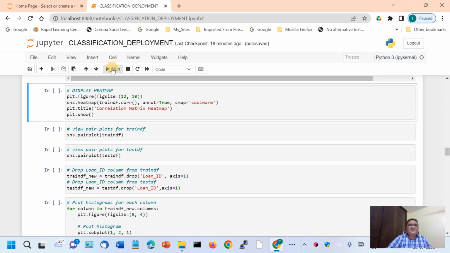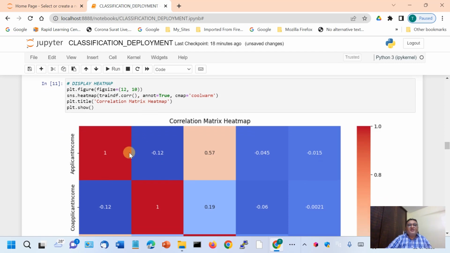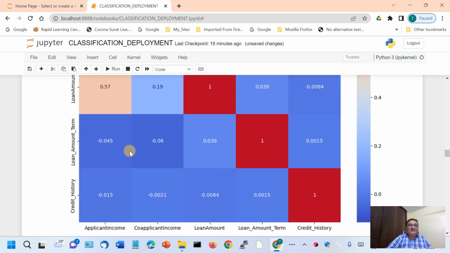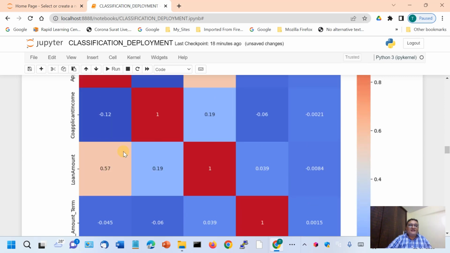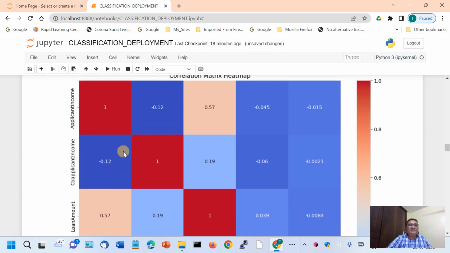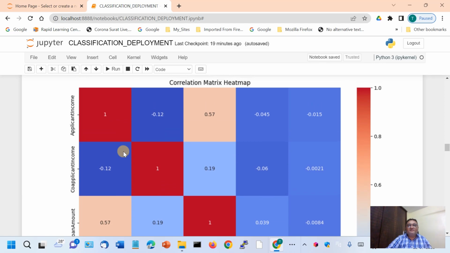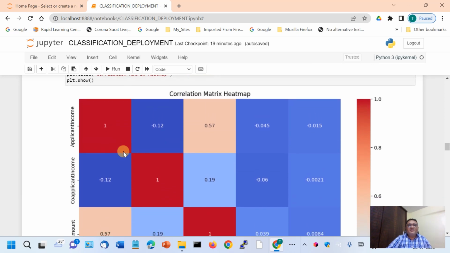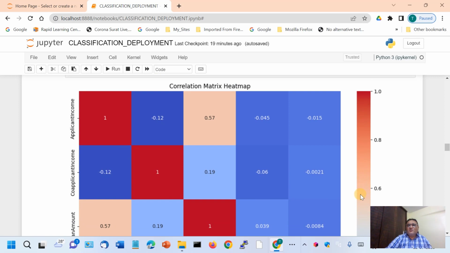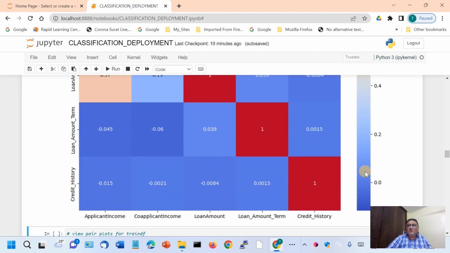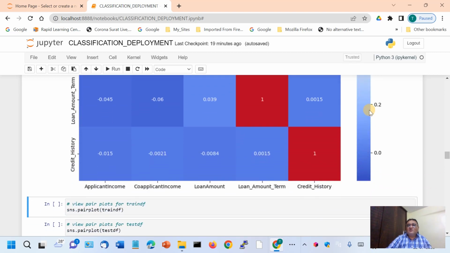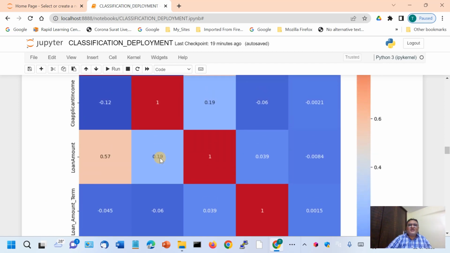then display heat map. Heat map will show the correlation between the various variables, and then we can decide how many of the features we want to keep. And as you go towards the red side, yellow, orange, and red side, the correlation is higher. As you go towards the blue side, the correlation is lower. Now you can see that most of these are blues.